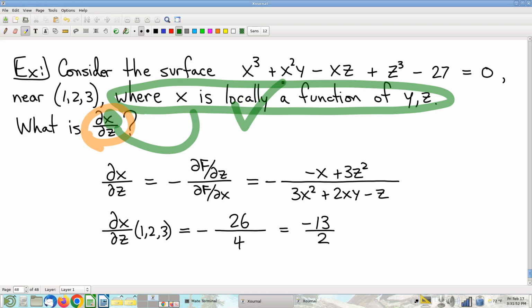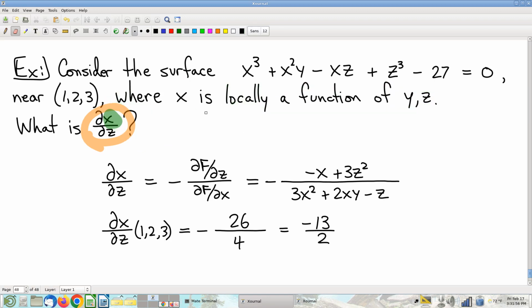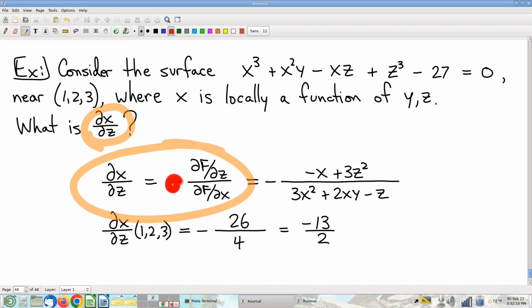So it's okay to talk about a partial of x because it is locally a function. How do you compute its partial? Well, we're just going to use this formula from the previous page, and it's largely plug and chug. You compute the appropriate partials of f. You divide. You don't forget the critical minus sign, and done.